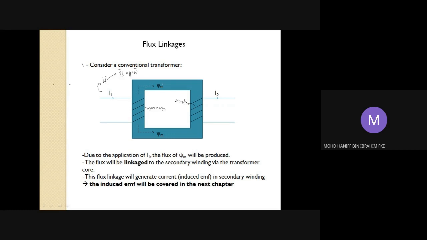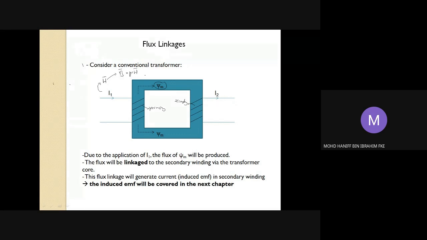So this flux here is the linkage flux, produced by the primary winding or the primary current I1. This flux will then link to the secondary winding and induce the current I2.